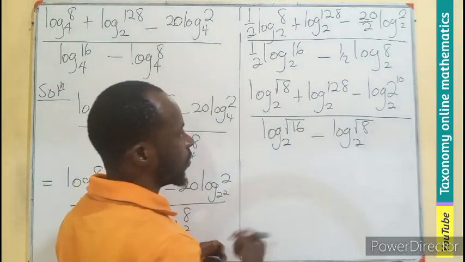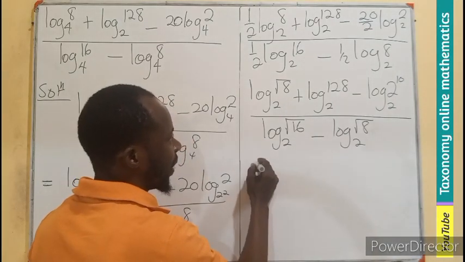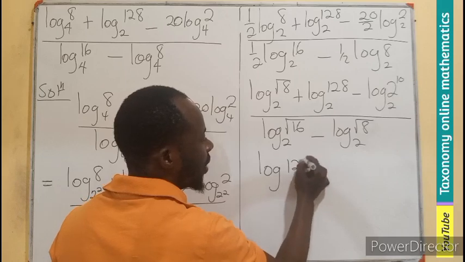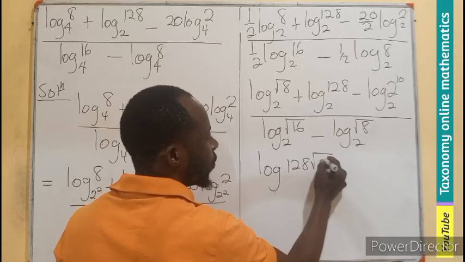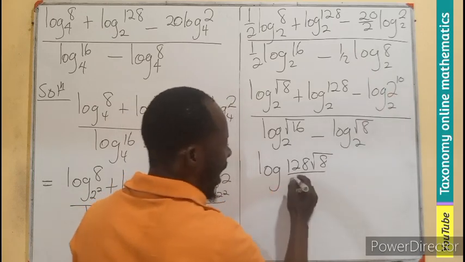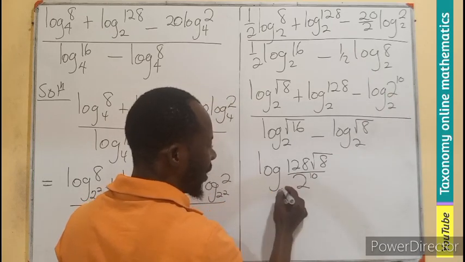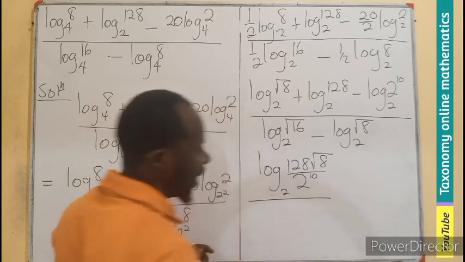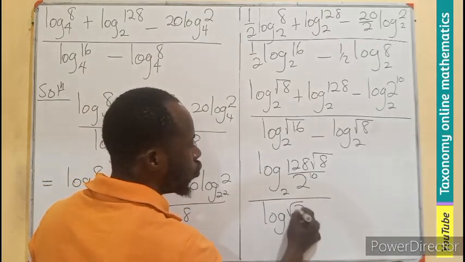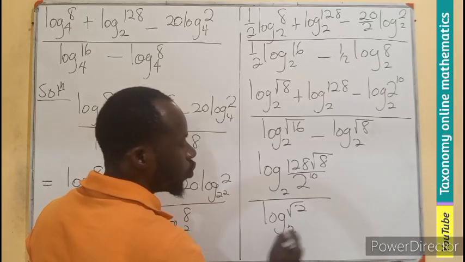So let's put all that you said into calculation as the log of 128 root 8 divided by, let's just say we have 2 exponent 10 base 2, divided by the log of root 2 exponent 2.